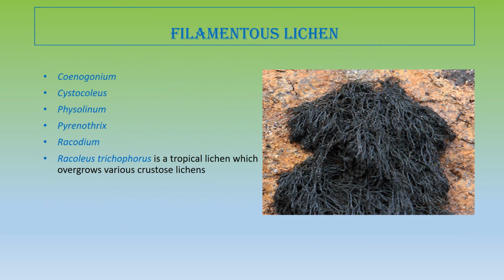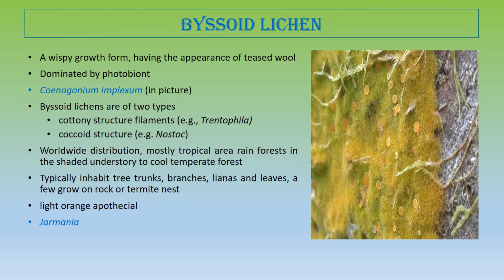Examples of filamentous lichen. Byssoid lichen. This byssoid lichen has the appearance of teased wool, and the dominant photobiont is of two types: one is green algae, another is blue green algae.